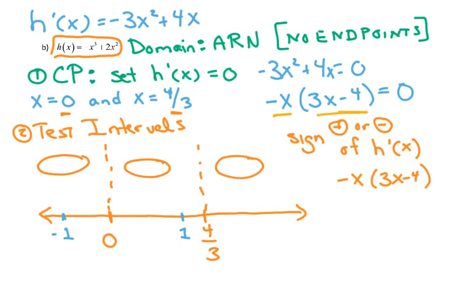Okay, so we have 3 test intervals, 1, 2, 3. In this first interval, I'm going to check x equals negative 1. I have 2 factors in my derivative. When I put negative 1 into that first factor, it becomes positive.